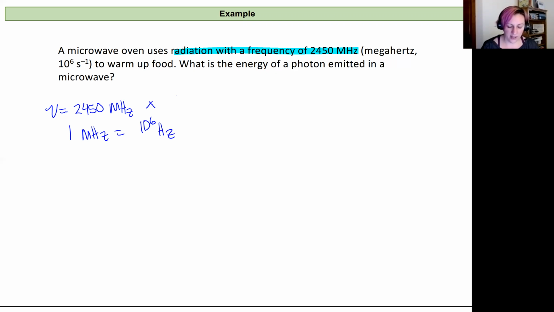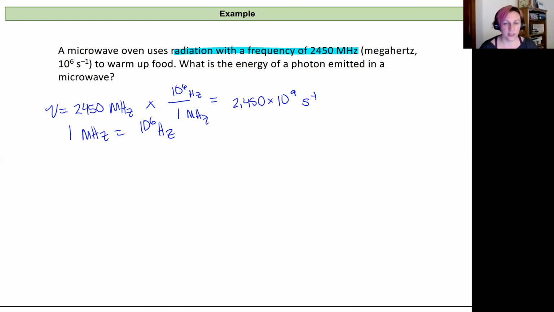So this would be times 10 to the 6th hertz over 1 megahertz, to give us a value that is 2.450 times 10 to the 9 hertz, or seconds to the -1, whichever you prefer.